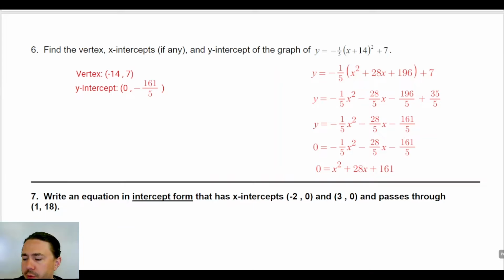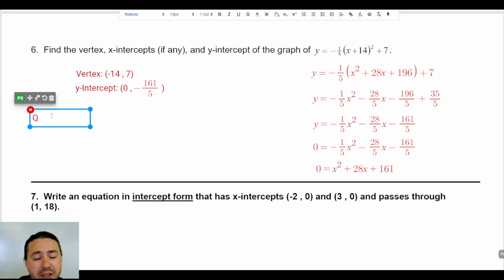What the quadratic formula is used for is finding the roots or the zeros or the x-intercepts of a quadratic function when you can't factor it or can't factor it easily. So here's what the quadratic formula is.